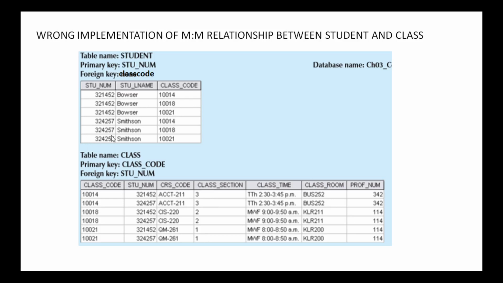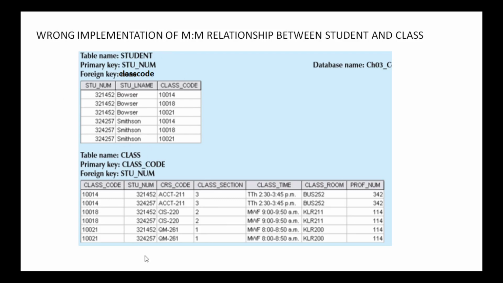Smithson also registered for 3 classes, 10014, 10018 and 10021. Actually, the student number would act as a primary key, but it contains repeated values, which is not suitable to identify each and every record uniquely. Totally, this table cannot have a unique identification.